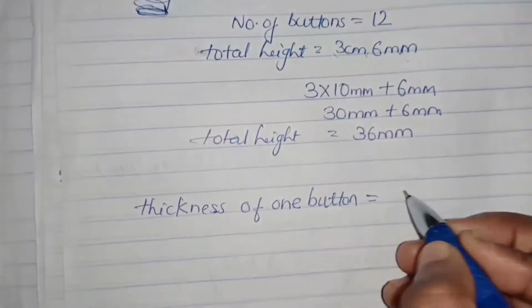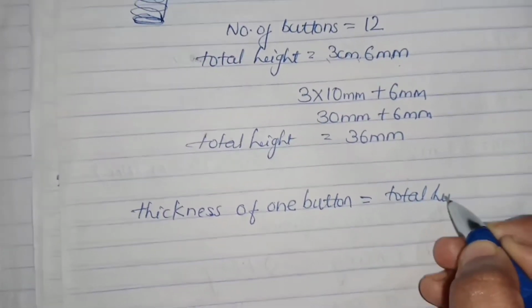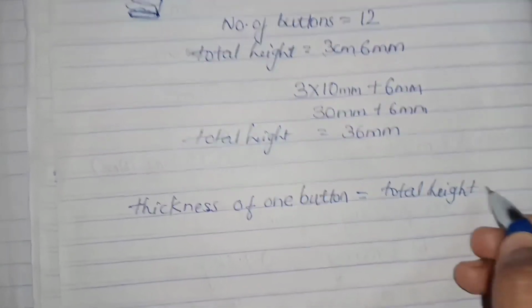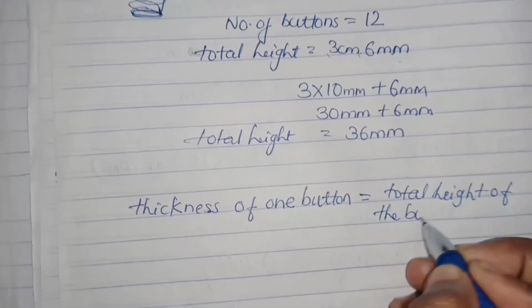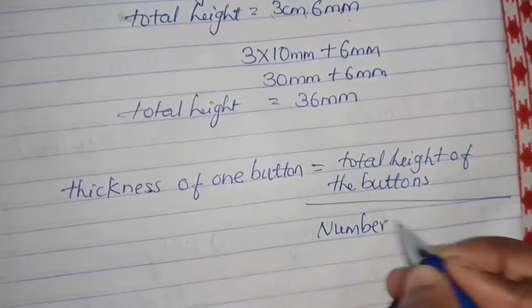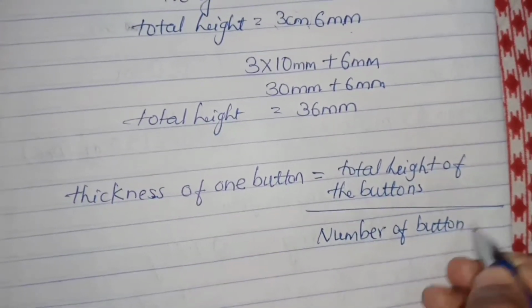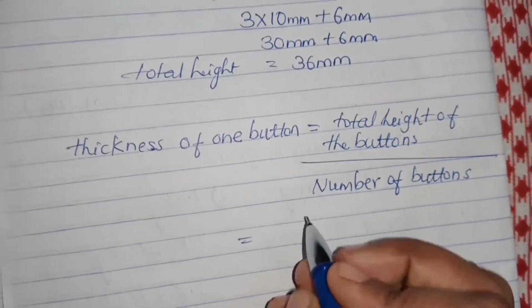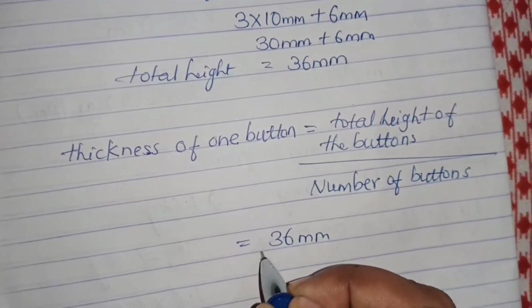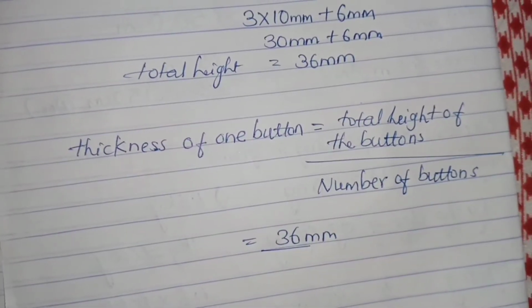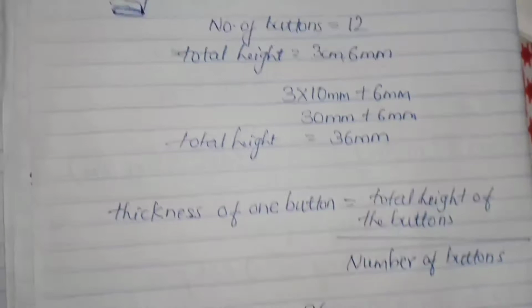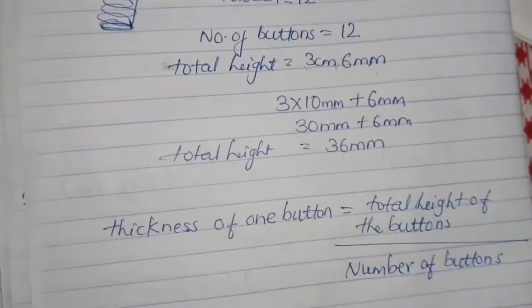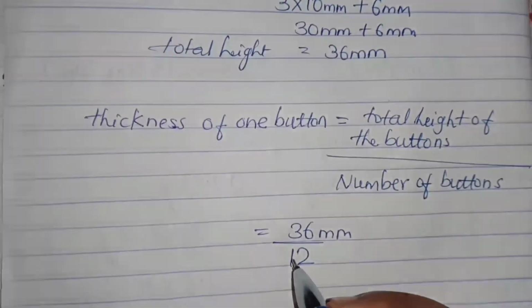Thickness of one button is equal to total height of the buttons divided by the number of buttons. The total height is 36 millimeter, and the number of buttons is 12. So we have to divide by 12.